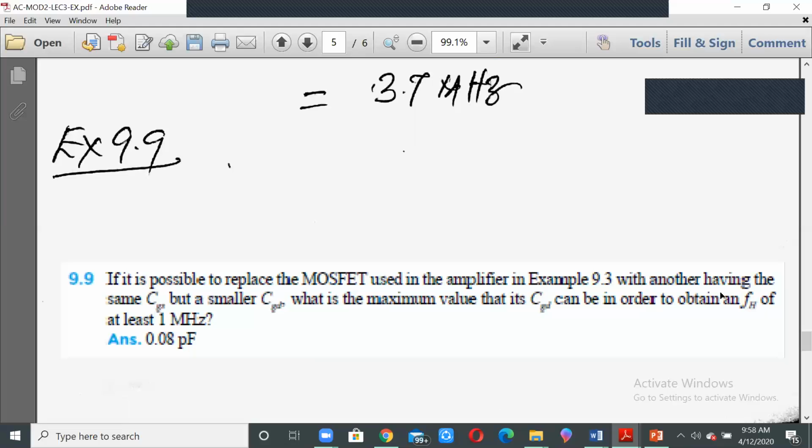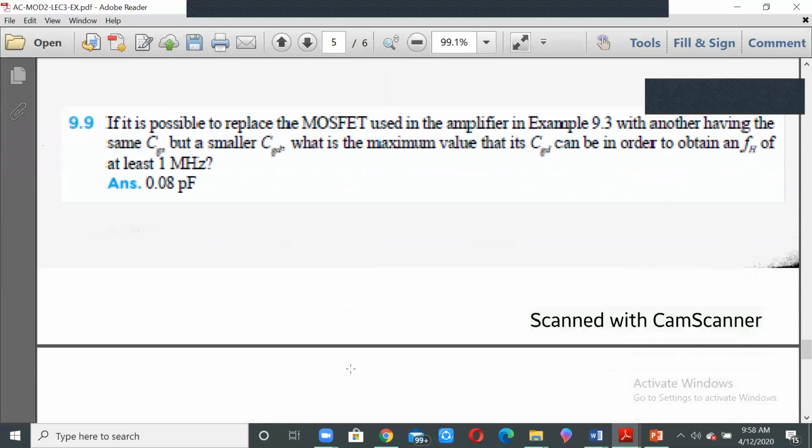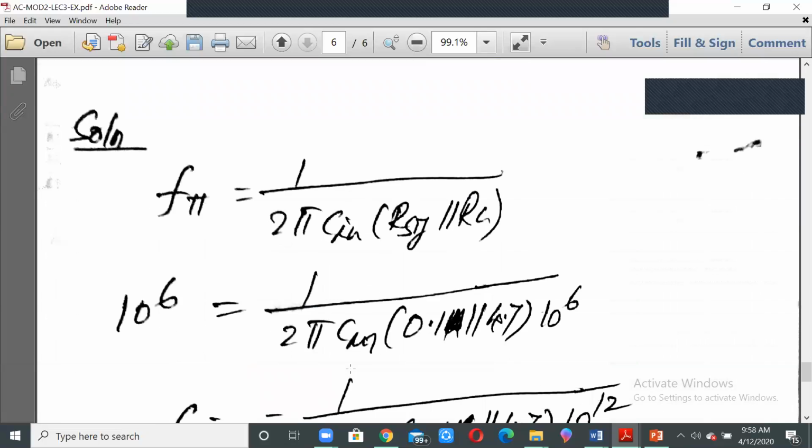So if we want FH to be 1 megahertz, what is the value of CGD for which FH is equal to 1 megahertz is what is asked, keeping the same value of CGS as in the earlier example. So the formula is again 1 by 2 pi Cin, Rsig in parallel with Rg.